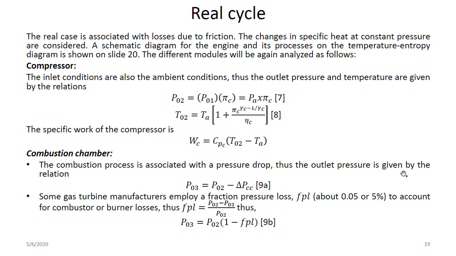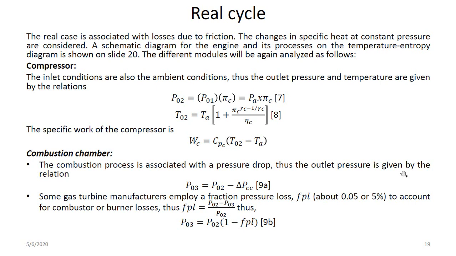And the factor that takes that into consideration is this part, delta P subscript CC. So the pressure at exit to the combustion chamber, which is entry to the turbine, would be the pressure at 2 minus this drop. So this drop could be maybe 2% or 3% of the entry pressure.